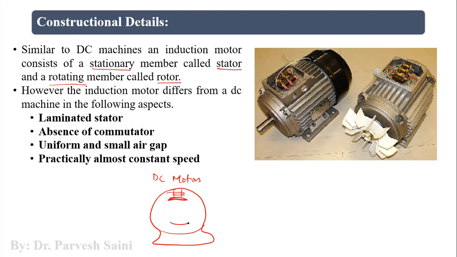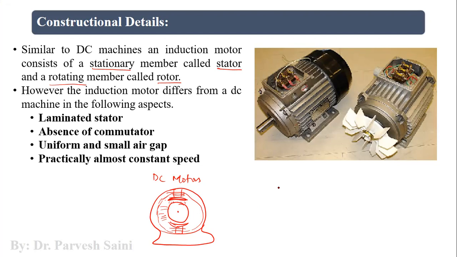Let us say it is a two pole machine. So in a two pole machine you'll have two poles. It is a field winding here, and inside this we have a rotor, right? So this is the rotating part. Now in DC motors, the air gap is not uniform at all. Here we have less air gap, and then here we have a large air gap.